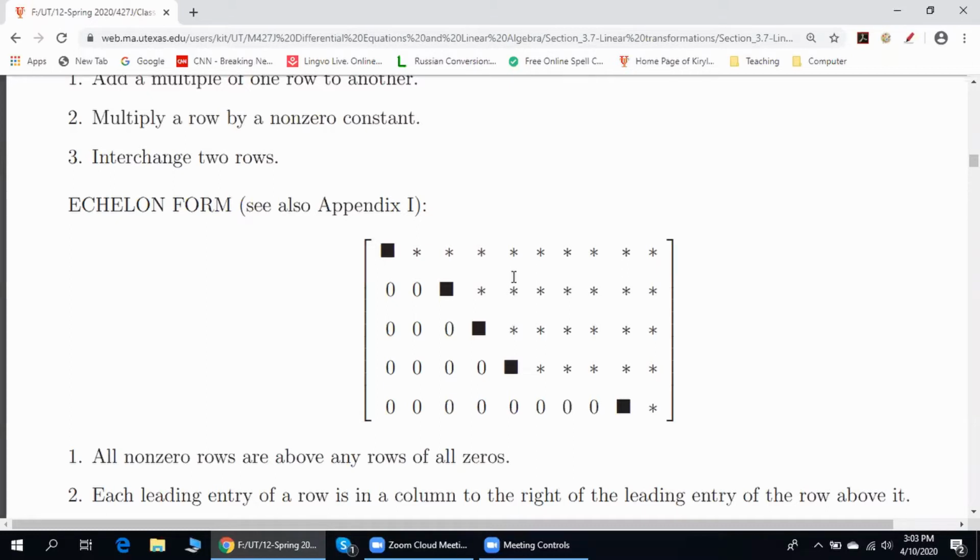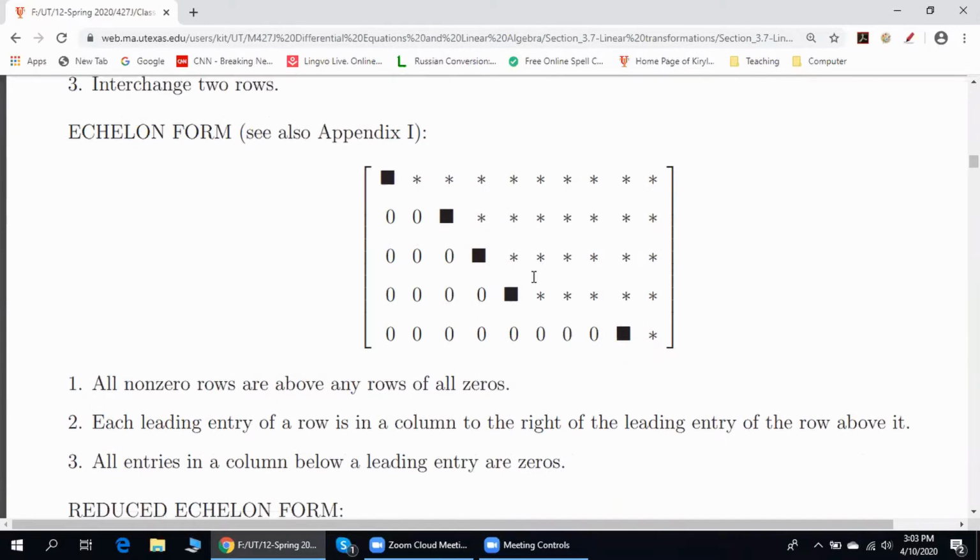Now, an echelon form satisfies a bunch of rules. The most important rule is that the black square from the next row should be to the right of the previous black square. So once again, let us compare row number 1 and row number 2.